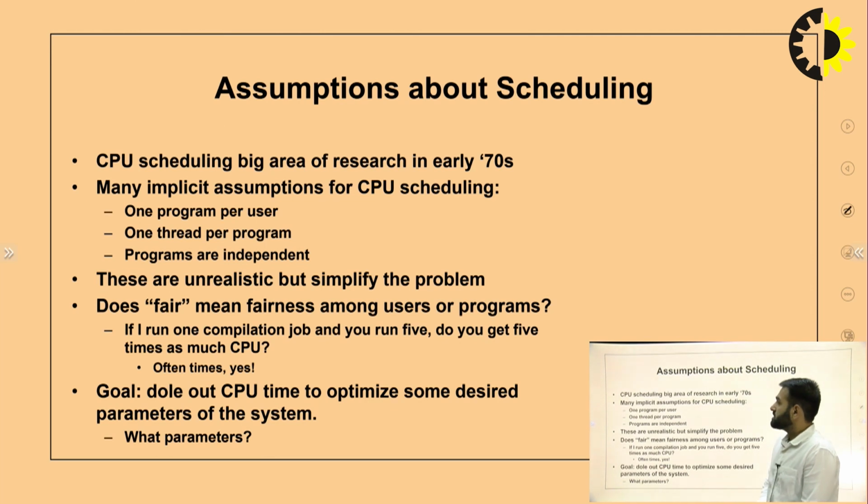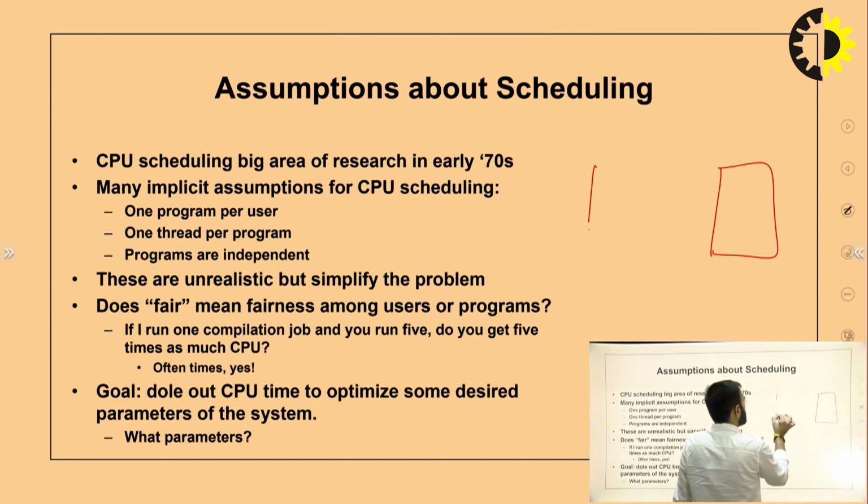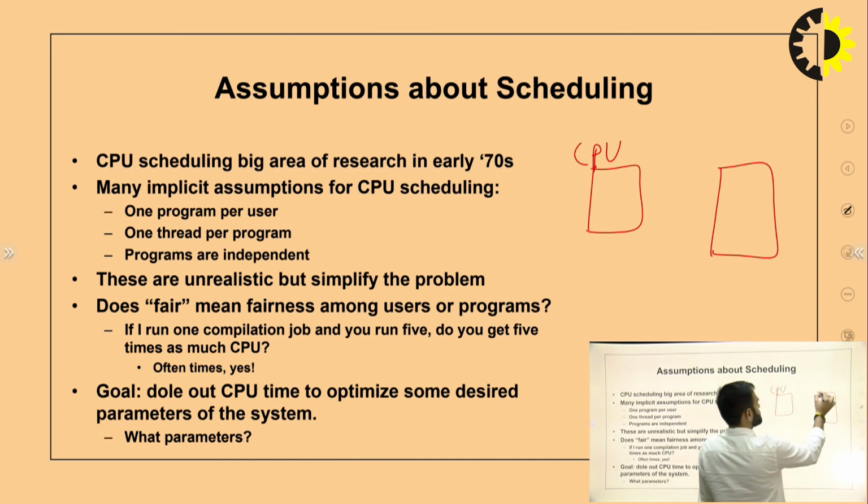Now some assumptions about scheduling. Scheduling, as we all know already, is nothing but deciding which process will be given to the CPU first. These are the processes in the main memory.